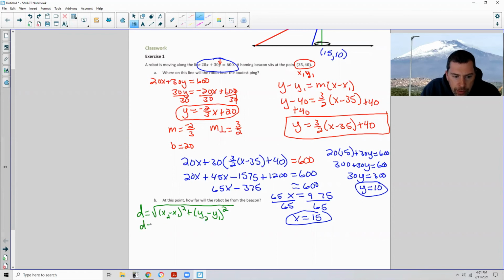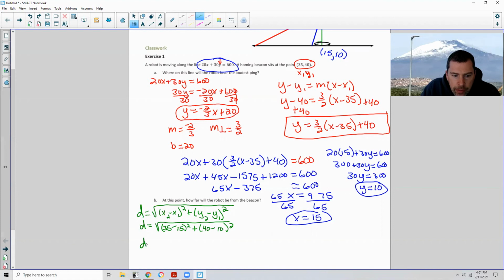So x sub 2 is 35, comma 40. So x sub 2 is 35 minus x sub 1 of 15. Y sub 2 is 40 minus y sub 1, 10.